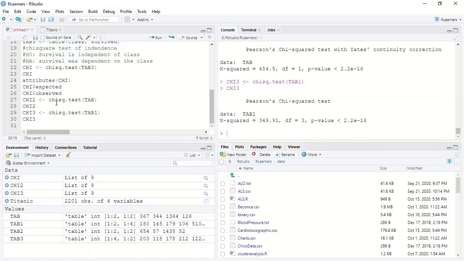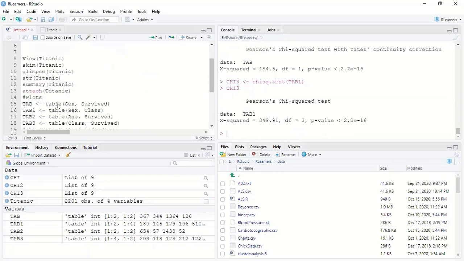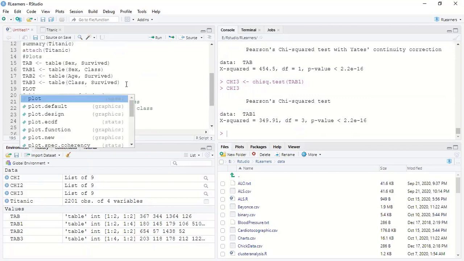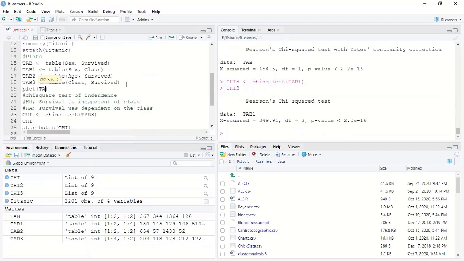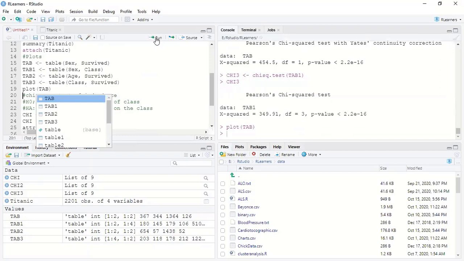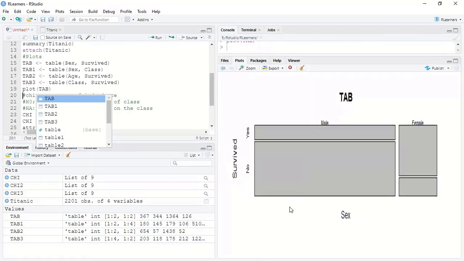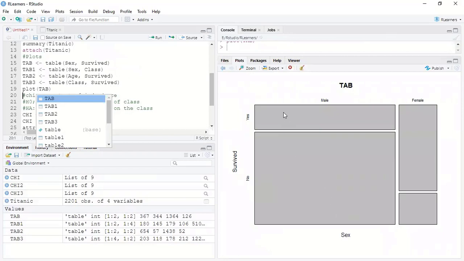Now we have done the chi-square. There's a point of plotting, since we just showed the table. Let's plot tab, the first one, sex and survival. See how it was arranged. So survived, no, yes.